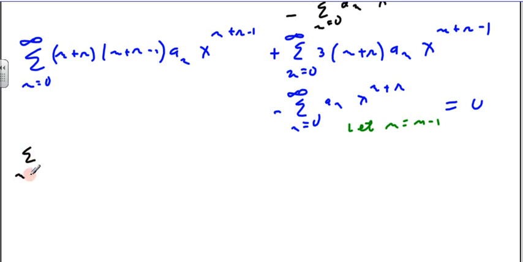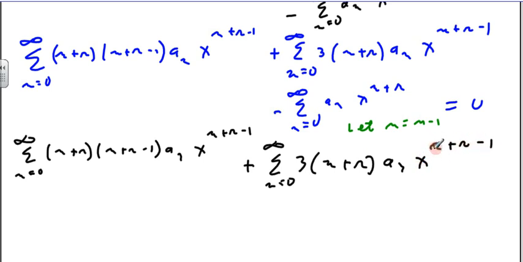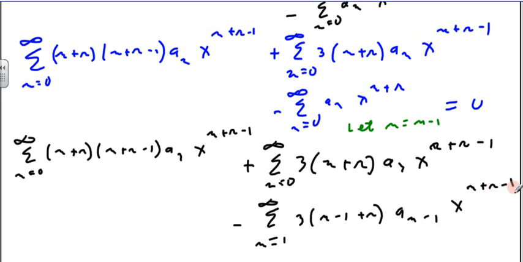So we have summation n equals 0 to infinity n plus r, n plus r minus 1, a n x to the n plus r minus 1, plus summation n equals 0 to infinity 3 n plus r a n x to the n plus r minus 1, and then minus summation n equals 1 to infinity a n minus 1 x to the n plus r minus 1 is equal to 0.